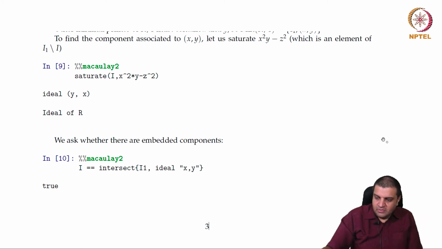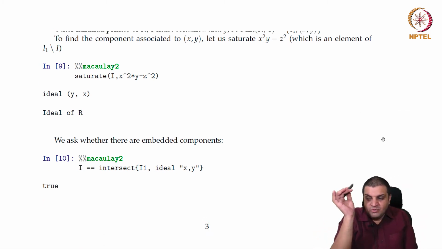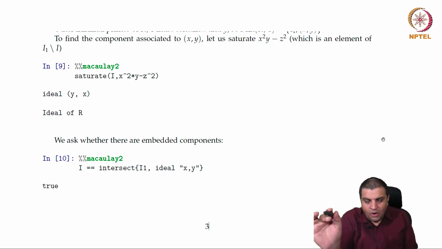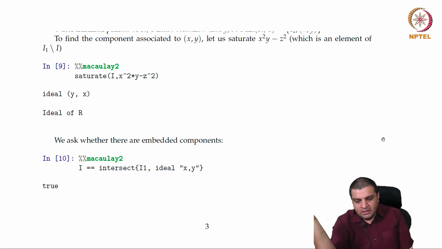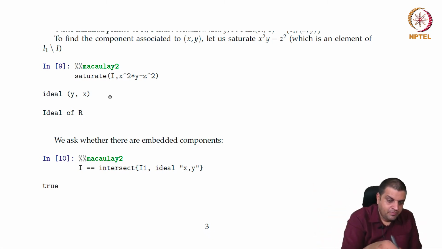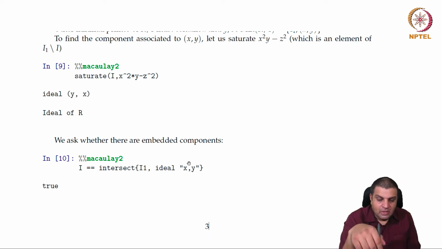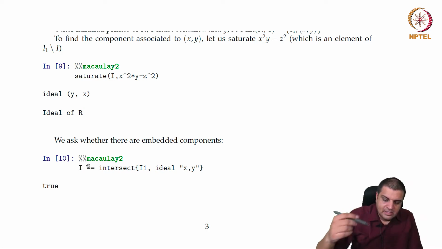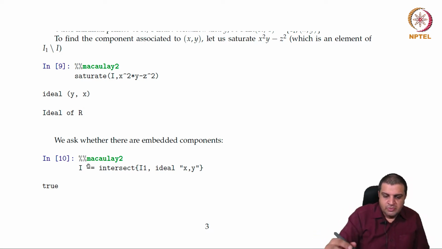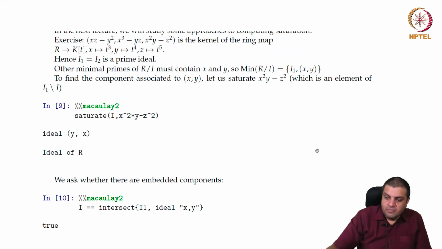So therefore, we have concluded that the minimal components are I1 and (x, y), but there could be an embedded prime which we don't know. So we ask, okay, we intersect I1 and the ideal generated by x and y, and we ask is I equal to that, and it says it is true, which means we have now found the primary decomposition, which is I equals I1 intersect (x, y).